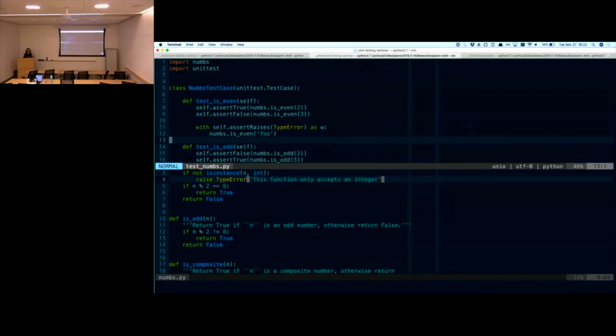If you look at the docs for assertRaises, you'll be able to see how you're supposed to call it. Basically, you say with self.assertRaises, you provide the exception that you're expecting to get, and then inside your context, you say, this is the code that I want you to execute that I think should raise a type error.